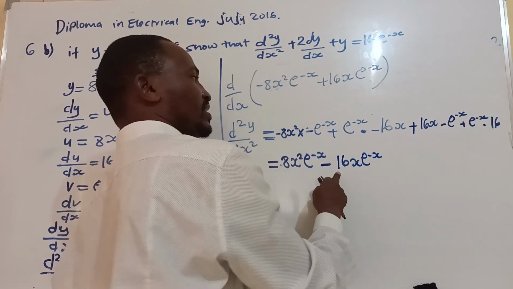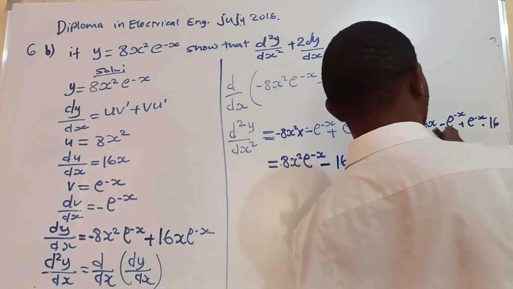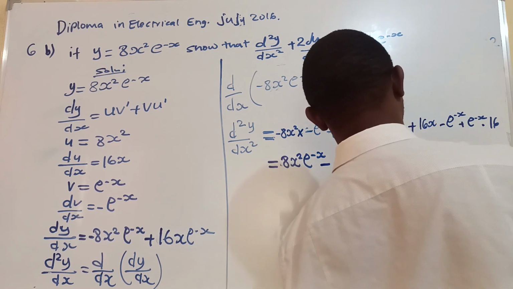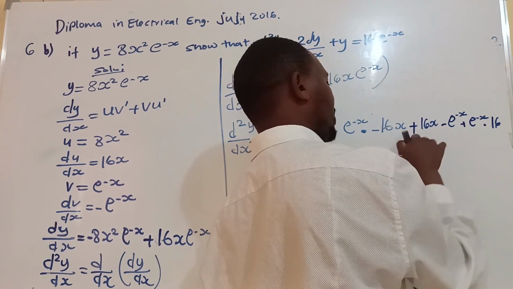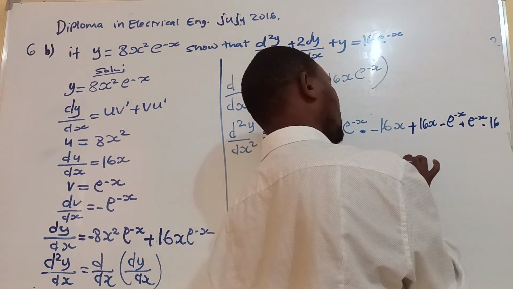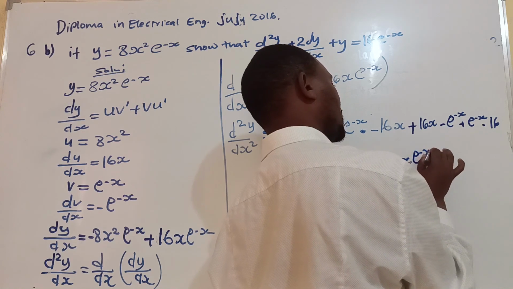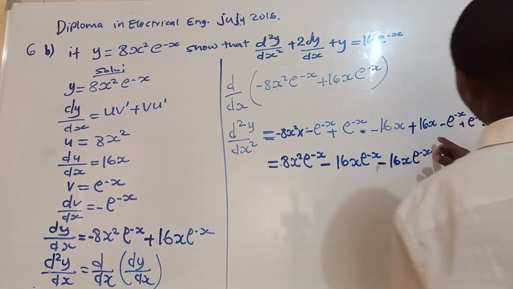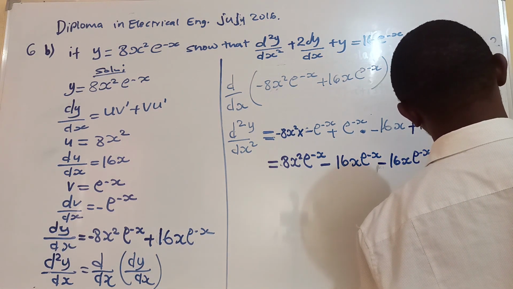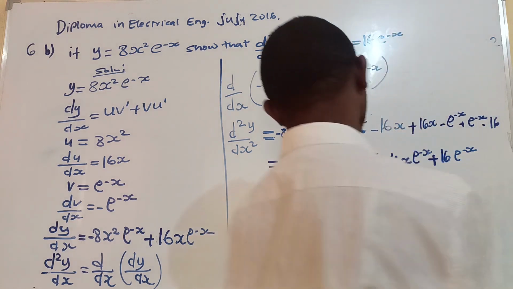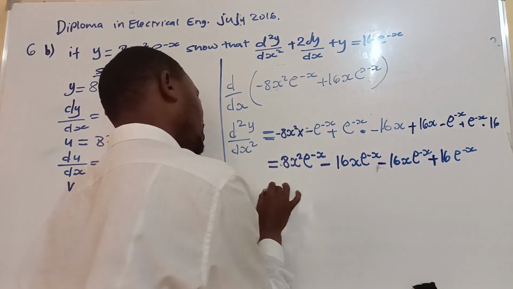I've started with negative 16x exponential negative x, plus, see this negative, this one, negative, this, so this one will be negative 16x. I think we could have combined those two, exponential negative x, and then plus finally 16 exponential negative x. You could have combined this and this, but there's no problem. Okay, maybe let us do it.